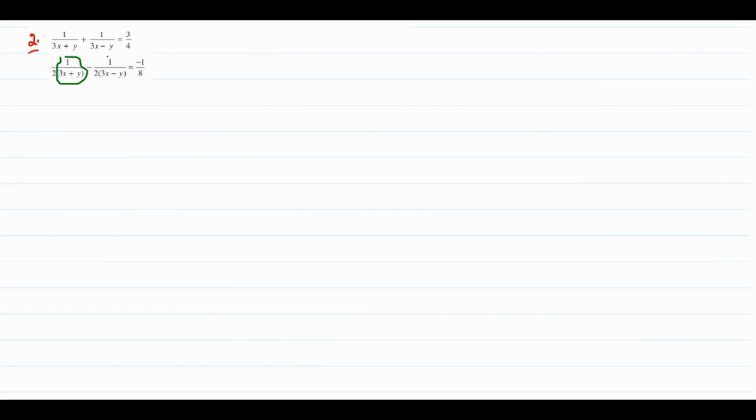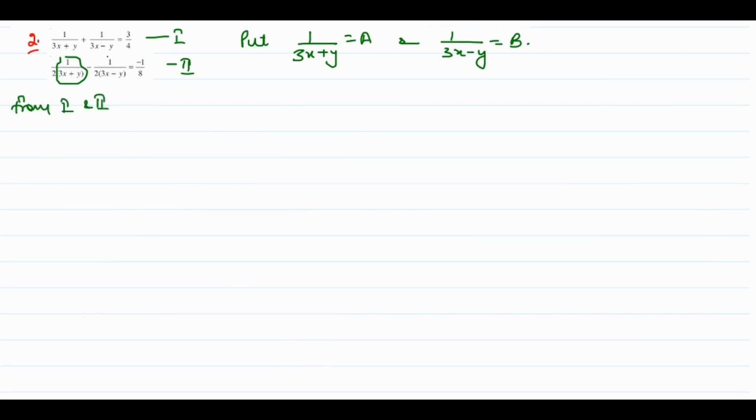So let this be number 1, this be number 2. Put 1 upon 3x plus y equal to a and 1 upon 3x minus y equal to b. So from 1 and 2 we'll get a plus b is equal to 3 by 4.